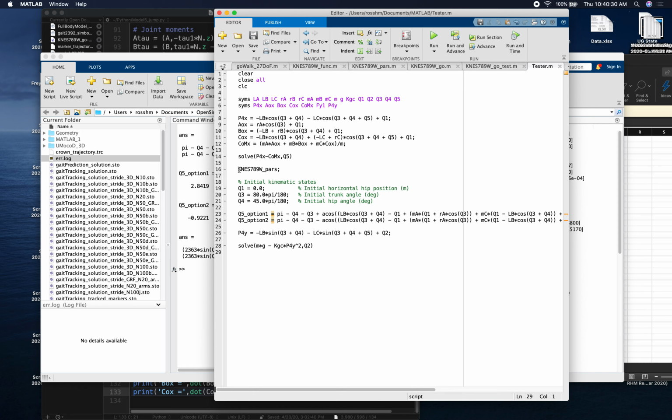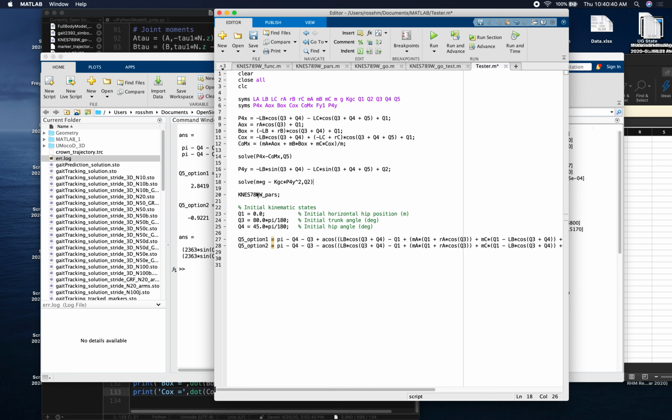Oh, let's do all this above here before we call our parameters. We want those still as symbols up here. We don't want to populate them with numbers yet. There we go.